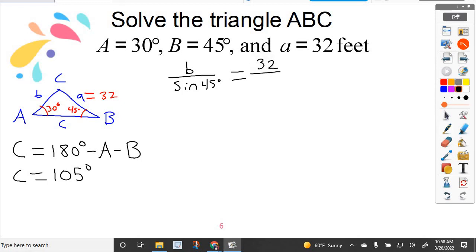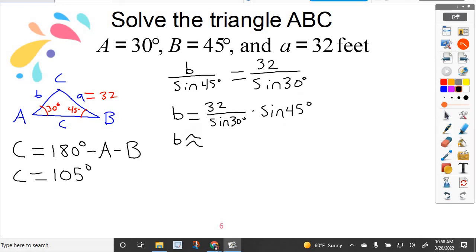So 32 divided by sine of 30. What do I do to solve? Multiply. So what can we get that B is approximately? I got 32 times the square root of 2, which I guess is the exact answer.